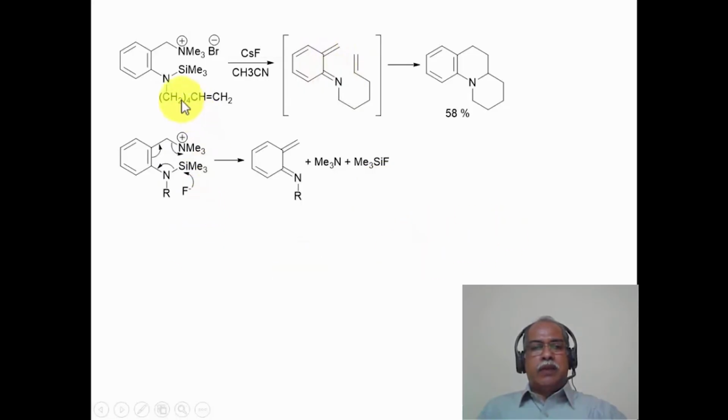A built-in dienophile, which is this vinyl group, essentially traps the diene that is being produced in this particular case, resulting in the formation of a Diels Alder adduct, which is shown in the final structure of the product in this scheme.